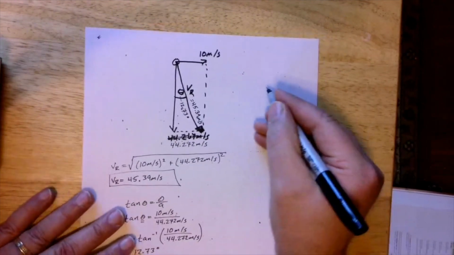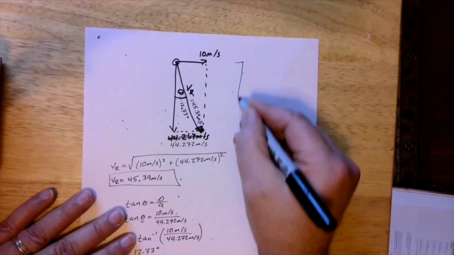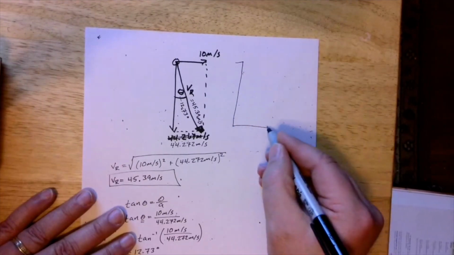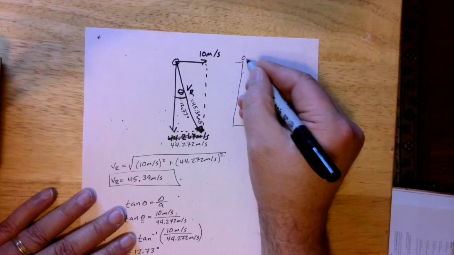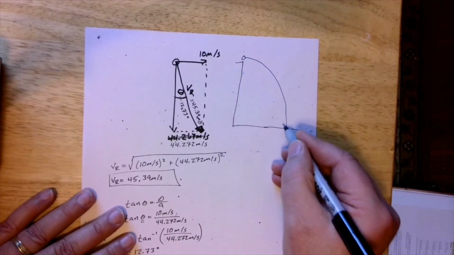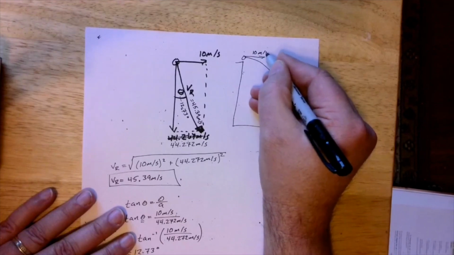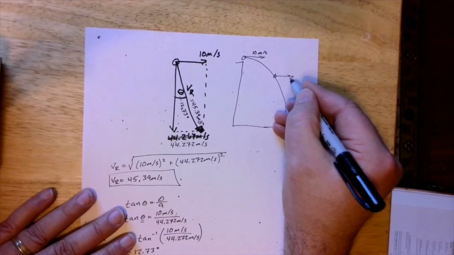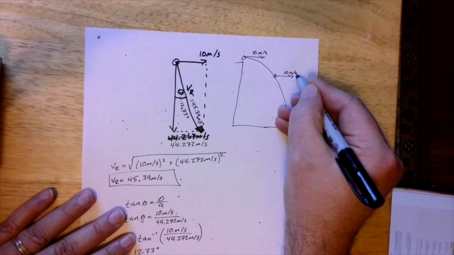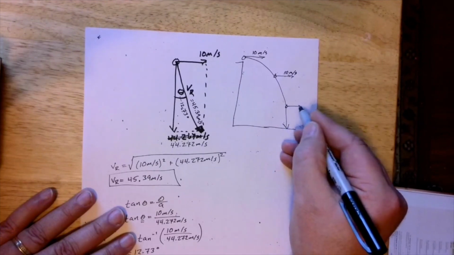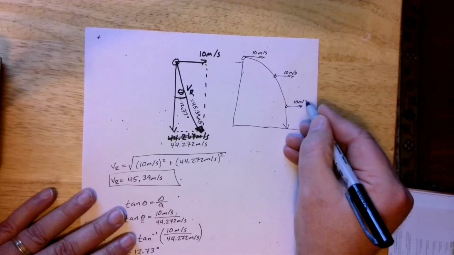So that means when this projectile is falling to the ground, it had a velocity of 10 meters per second. Here it still had 10 meters per second. Here it was still 10 meters per second.